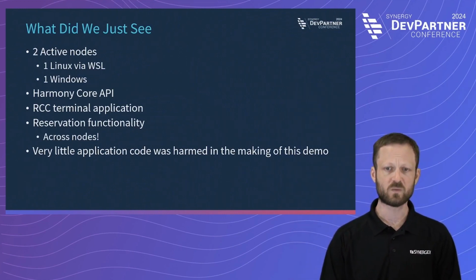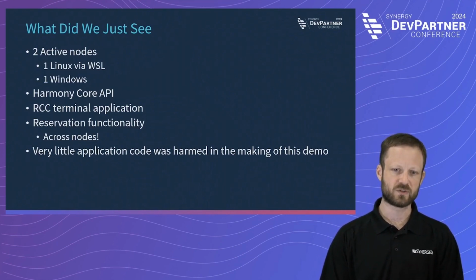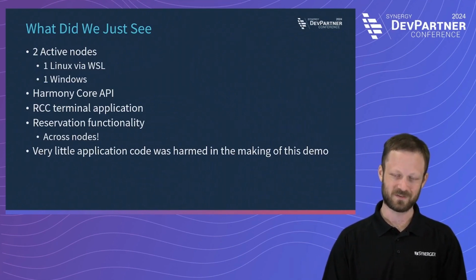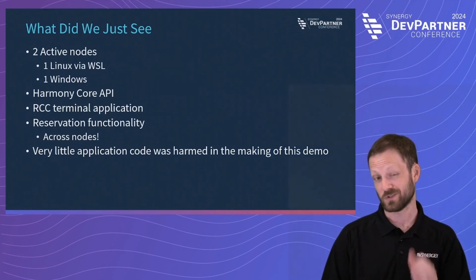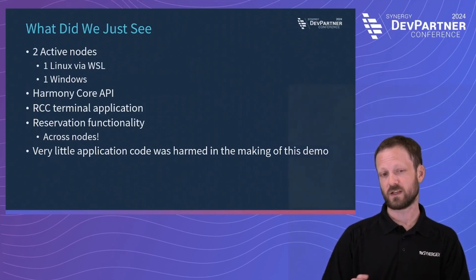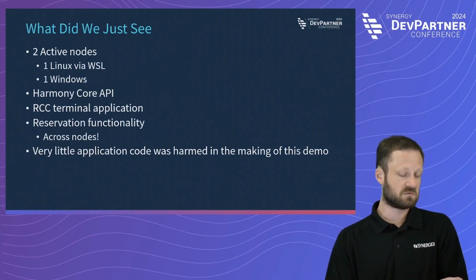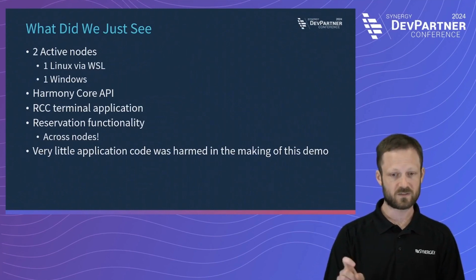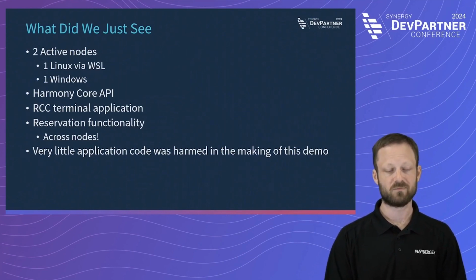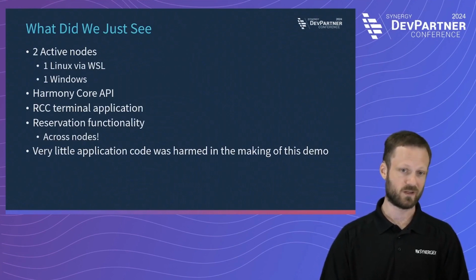And the most important part about this demo is that very little application code was harmed in the making of this demo. So we didn't have to change very much at all. Because they already write for the engines into queues, we were able to just replace the subroutines that did that write. And everything just kind of works that way.